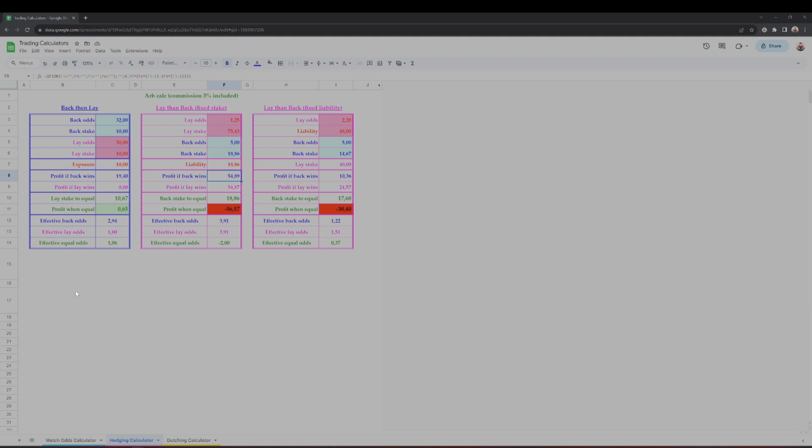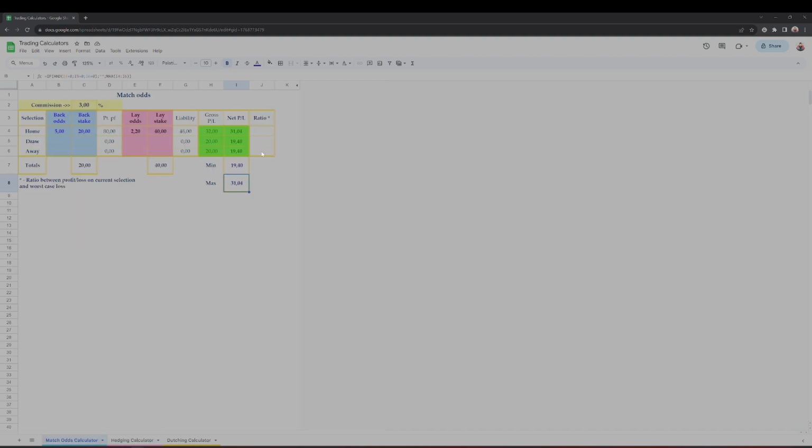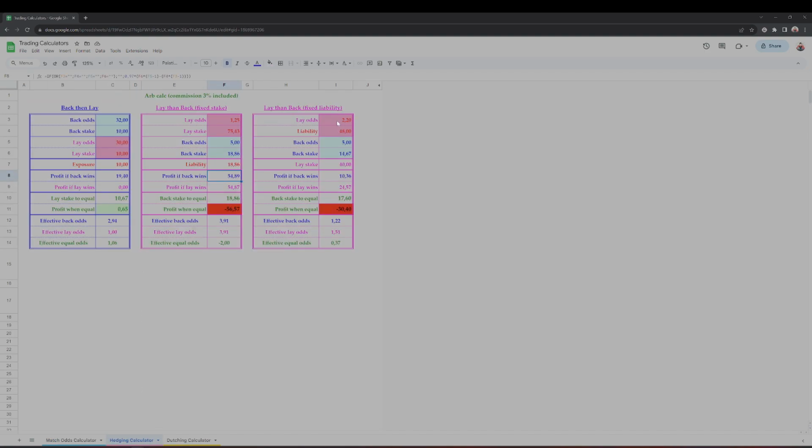So in our previous example, let's say we laid at 2.20 for the 40 stake. Liability is 48. So I have it here, right? Let's say it's 2.20, liability is 48, and I can specify what the back odds are.